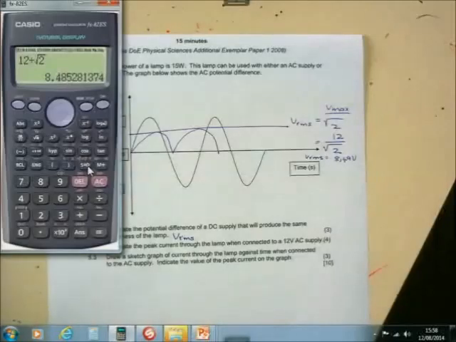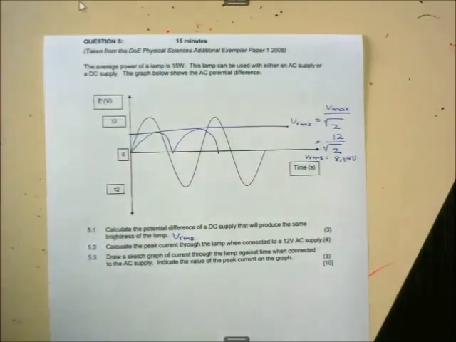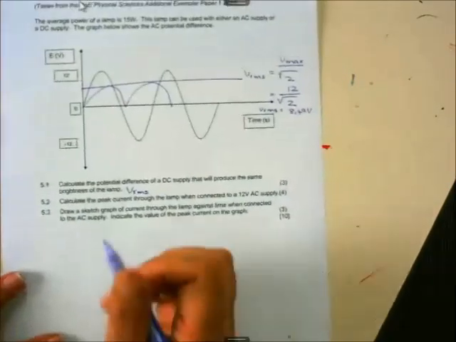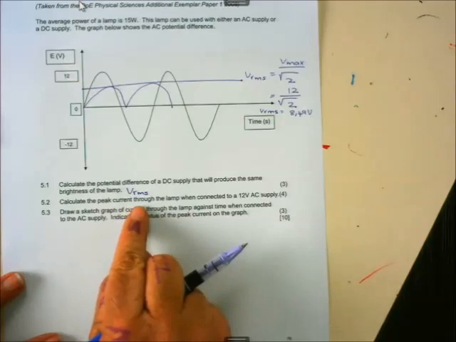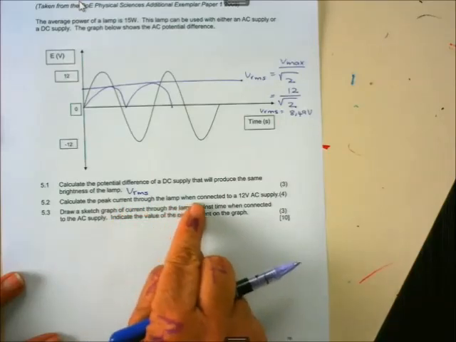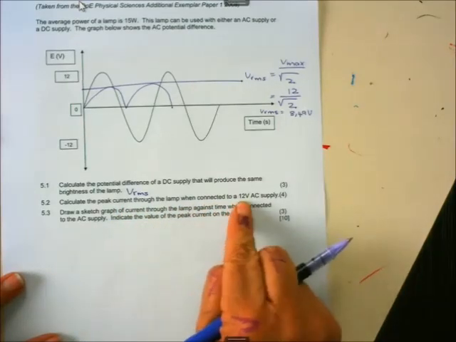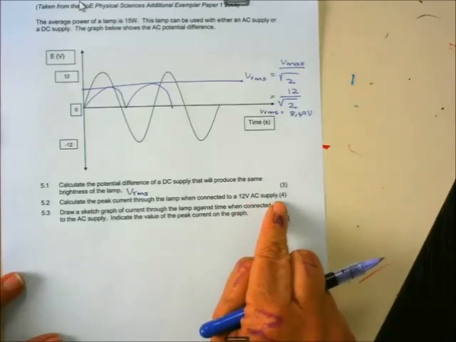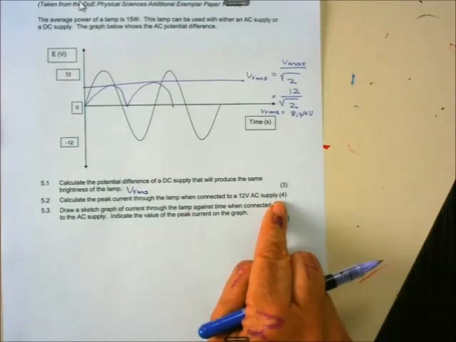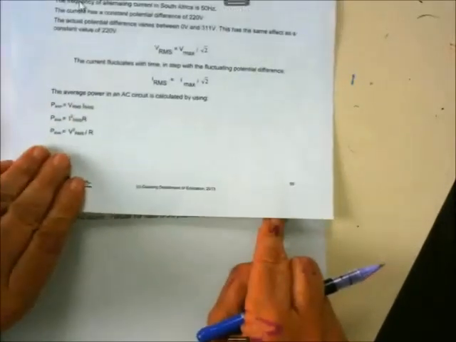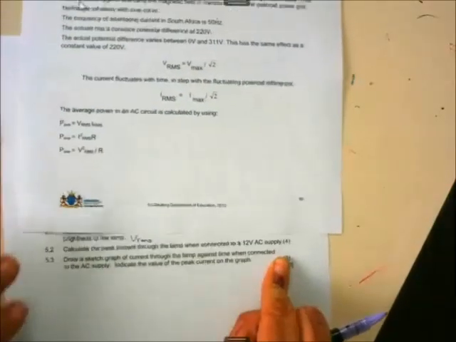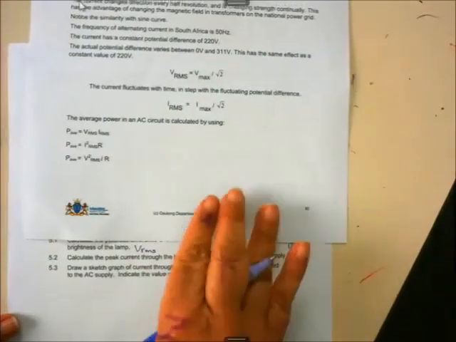In other words, you would need a DC supply that can supply a voltage of 8.49 volts, and that would give you the same power. Next: calculate the peak current through the lamp when it is connected to a 12-volt AC supply. There are quite a few things we could do here, so let's go and see what information we've got. There's my data sheet.